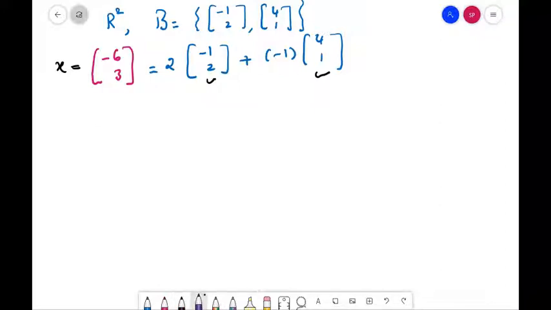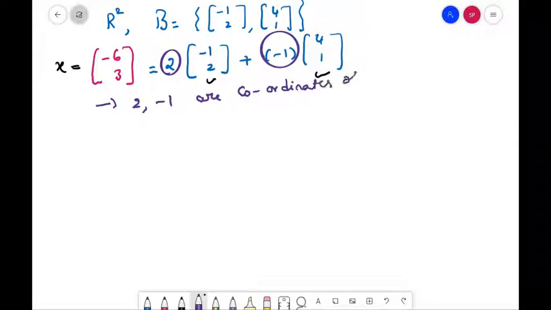The scalars I got here are 2 and minus 1, right? Then these scalars 2 and minus 1, we call them coordinates of x, that is of (minus 6, 3), with respect to the basis B.